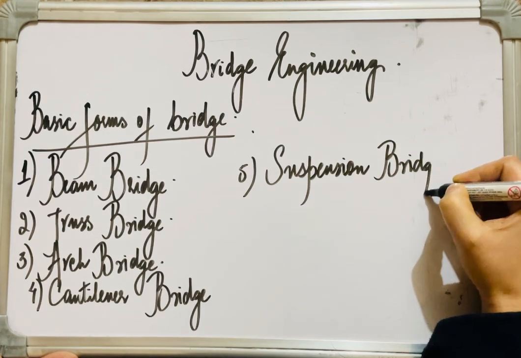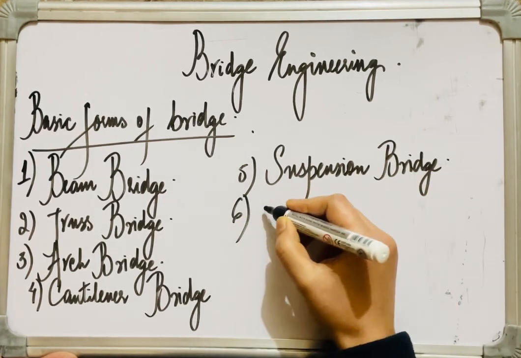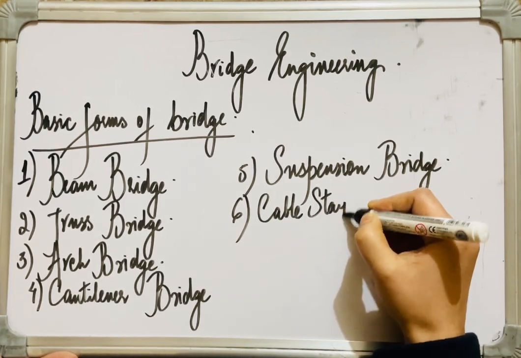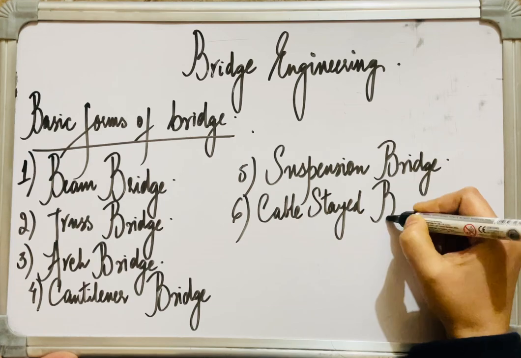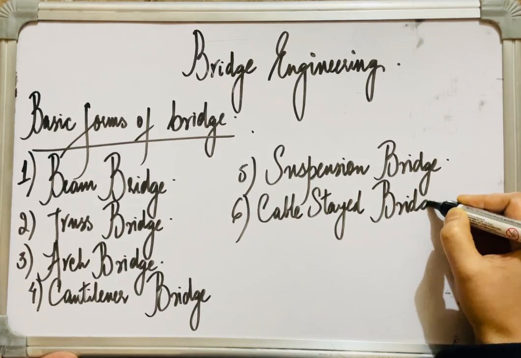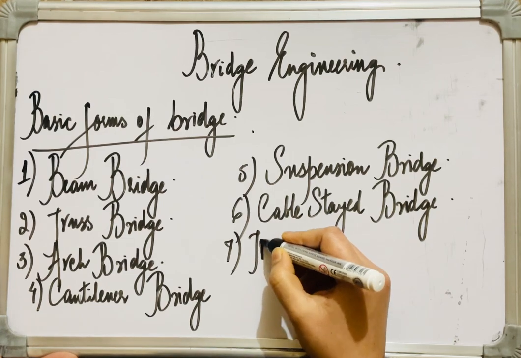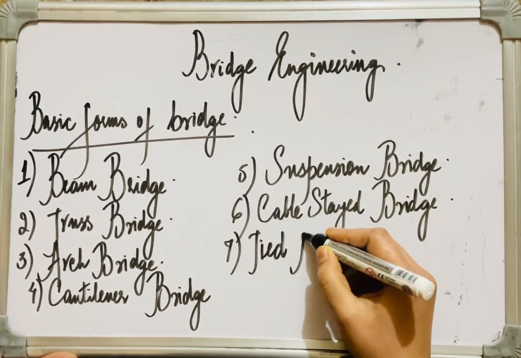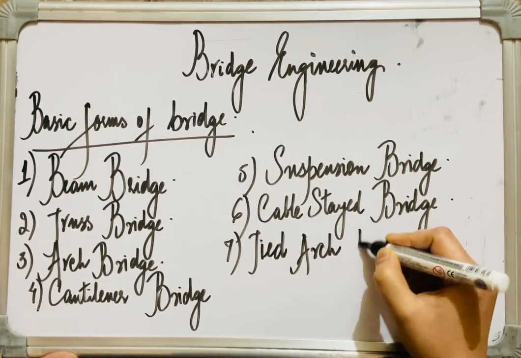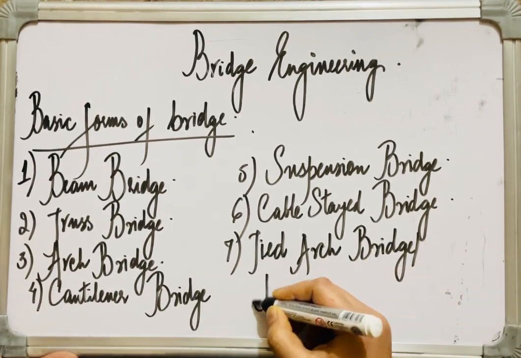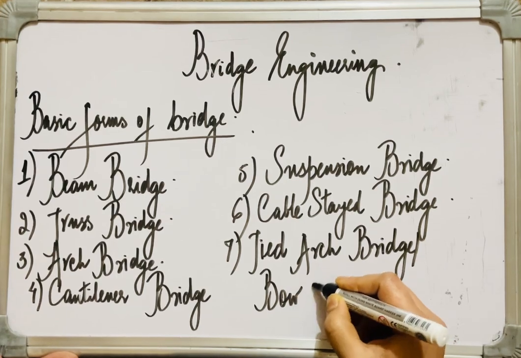We have a cable stayed bridge as well. And the 7th one, or the last one, is a tied arch bridge, which is also known as a bowstring bridge.